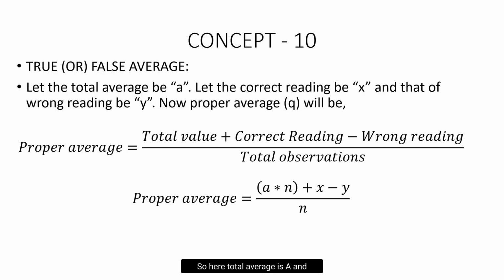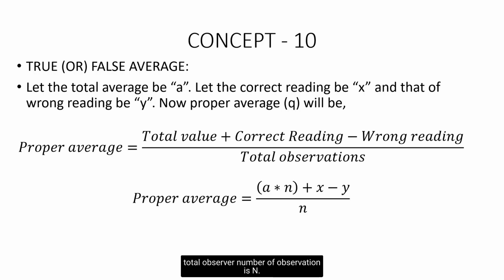So, here total average is A and total number of observations is N. Therefore, proper average will be A multiplied by N plus correct reading X and minus wrong reading Y, all divided by N. That is, A into N plus X minus Y divided by N. The correct reading will be prefixed with the plus symbol and the wrong reading will be prefixed with the minus symbol. Let us solve some examples to understand how this works out in reality.